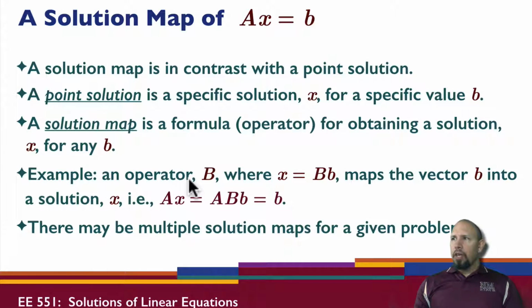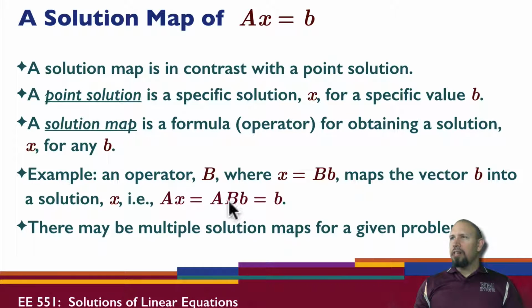So as an example, suppose that B is our solution map. So x is equal to B times little b. If I'm given a new b, I have a new x. So this maps a vector b into a solution x. So Ax is equal to A times B times little b.